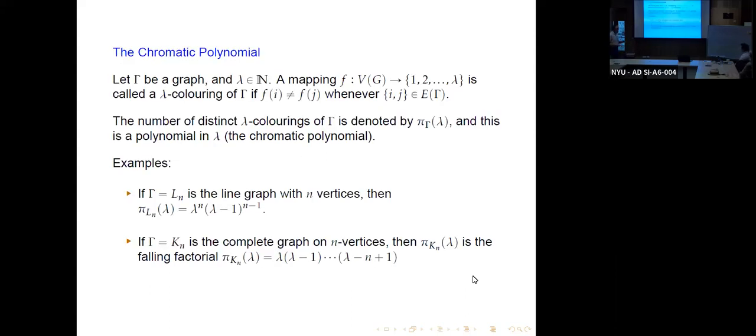So I'm going to start a little slow and try to get to the main theorem of the talk. If you have a graph, you have something called the chromatic polynomial.